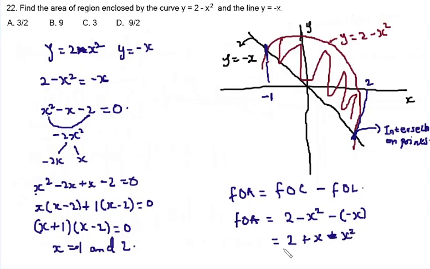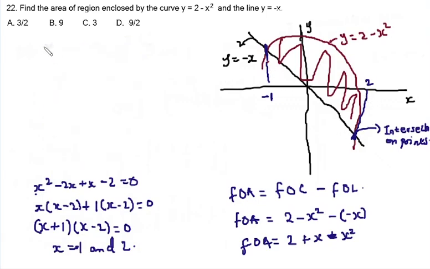So this function of area should give us the behavior of the inner curve. To really find the area, we need to use integration. We are going to be integrating from this point to this point. Let's do that next.